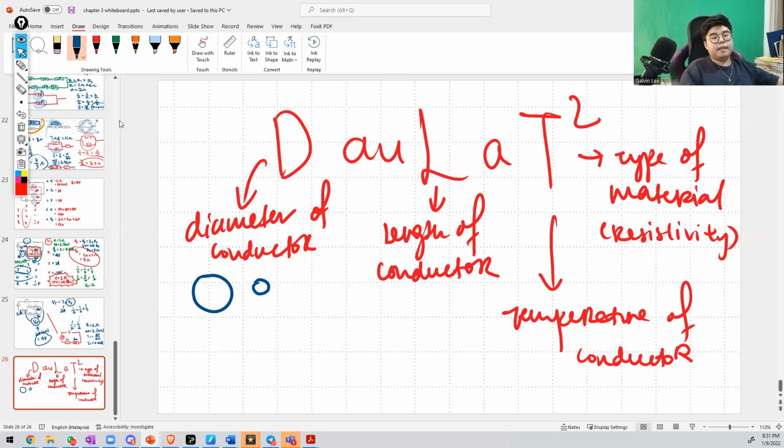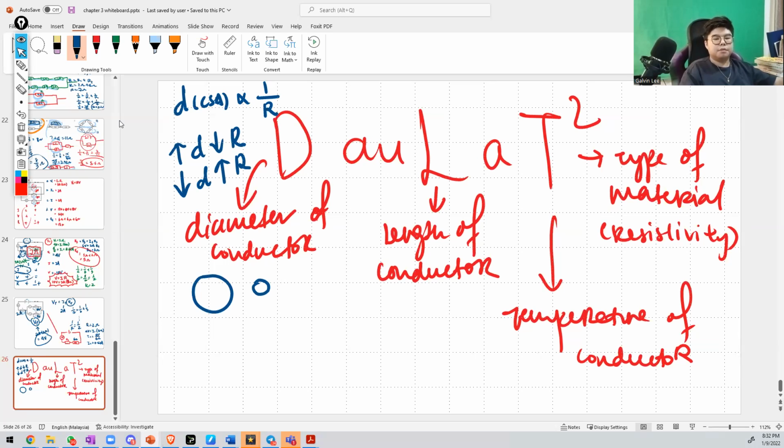Relationship is the greater the diameter, the lower the resistance. The lower the diameter, the greater the resistance. In other words, diameter, or you can call it cross-sectional area, is inversely proportional to resistance. Okay, level up now, from Form 5 students.